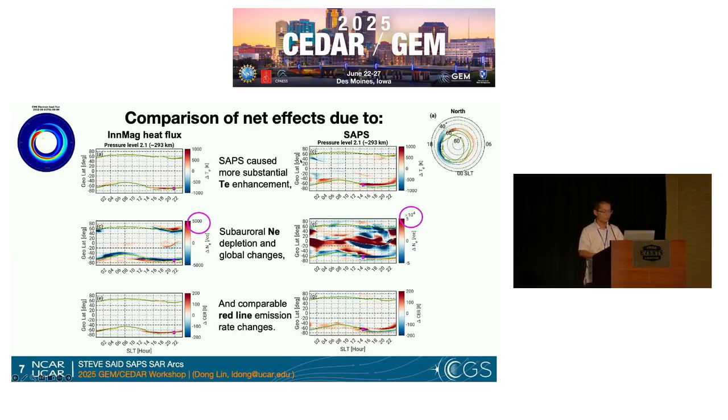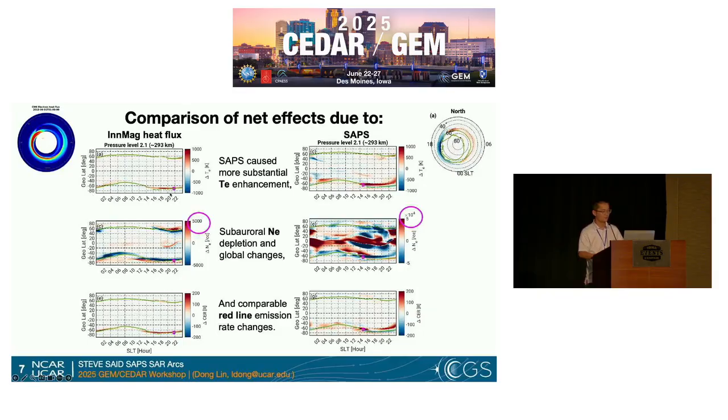So we carried out another controlled experiment, and there are three comparisons here. One is a comparison of the net effects due to heat flux. The second is the net effects due to the convection, and the third is a comparison between these two mechanisms themselves. Here you can see, very interestingly, that both mechanisms contribute to electron heating in the subauroral region. This is latitude versus longitude, and the green curves are the auroral boundary.